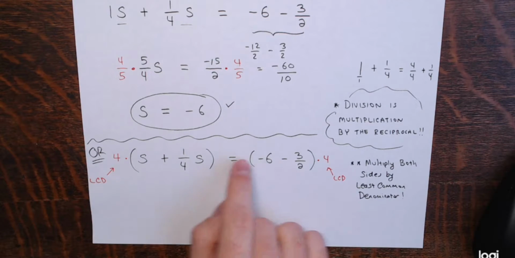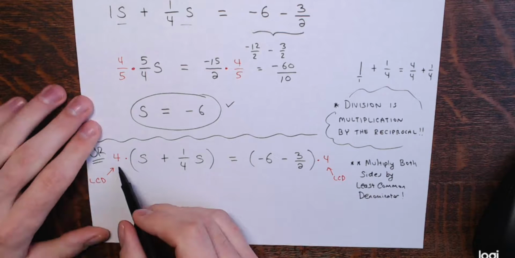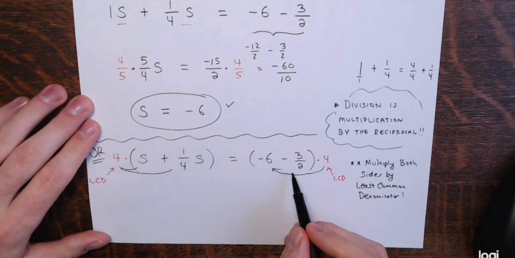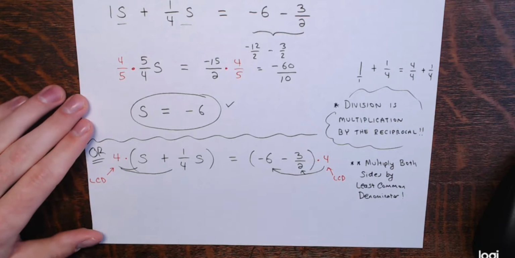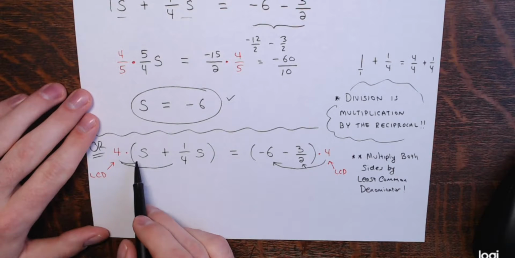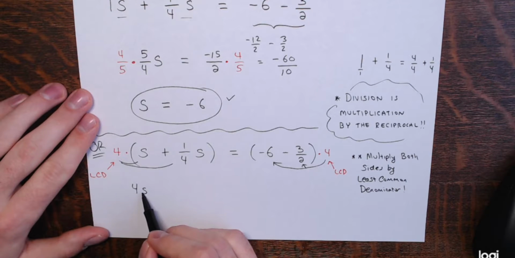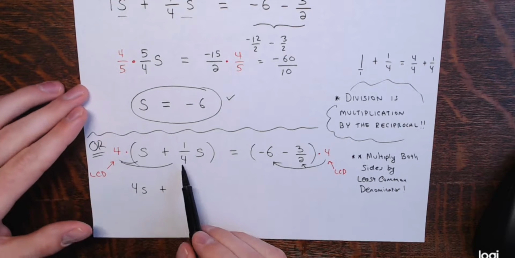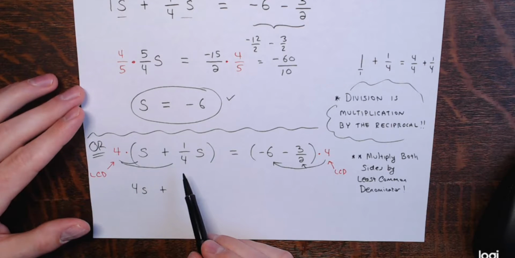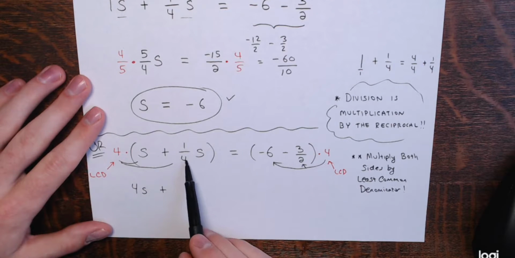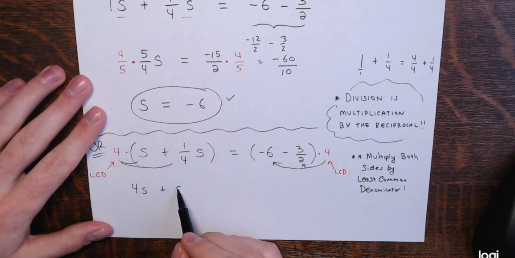Now each side has multiple terms, so I need to distribute the 4. Same thing over here. There are 2 terms in that sum or difference, so I need to distribute the 4. Now 4 times s is 4s, plus the whole reason we multiply by 4 is to get rid of the denominators. 4 times 1/4, the 4's would cancel and I'd be left with 1s.